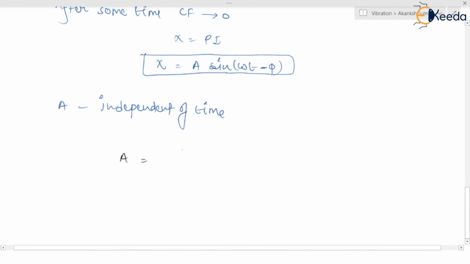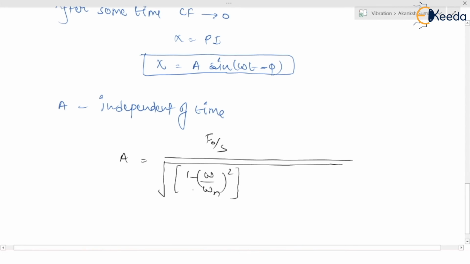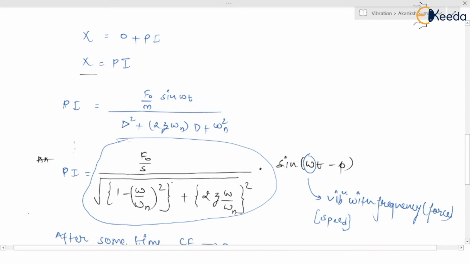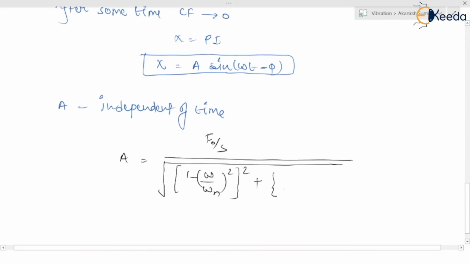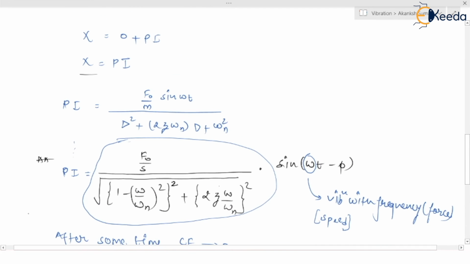When you compare the equations, the amplitude becomes F naught upon the square root of (1 minus (omega by omega n) squared) whole squared, plus (2 zeta omega by omega n) whole squared. Remember one thing: there is a square inside the bracket and a square of the whole bracket, so don't forget to be correct here.